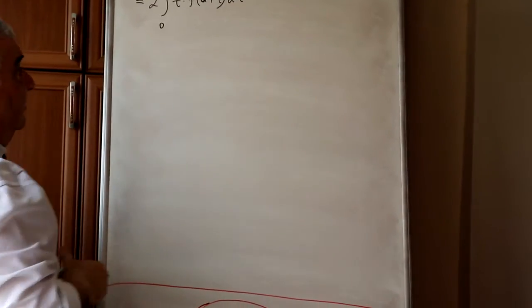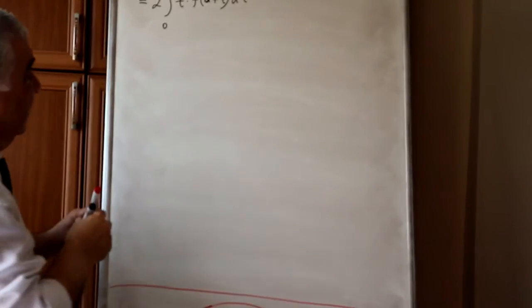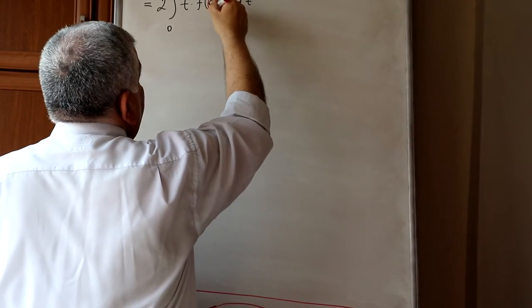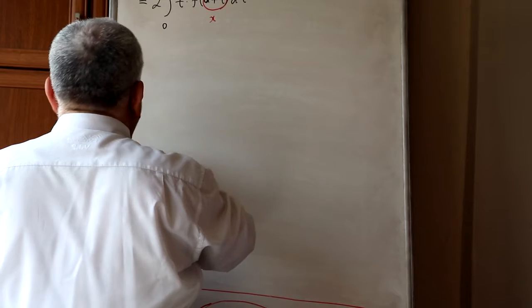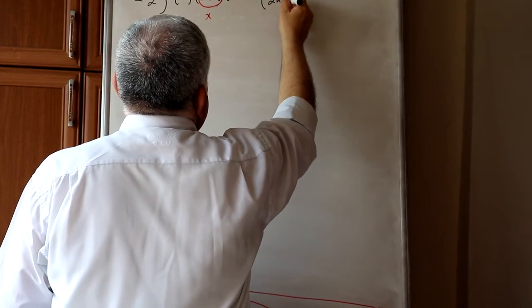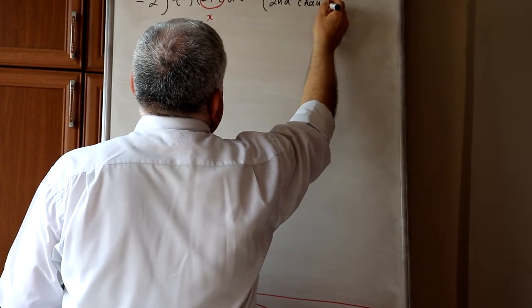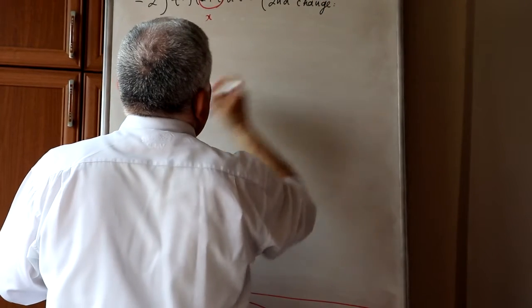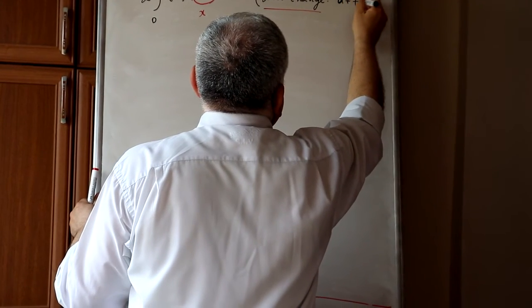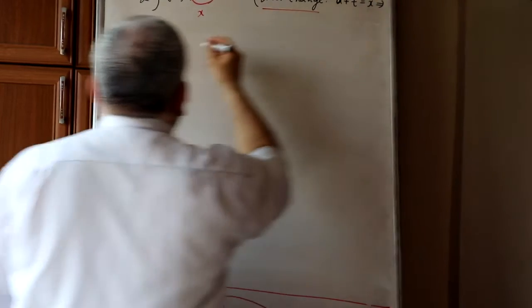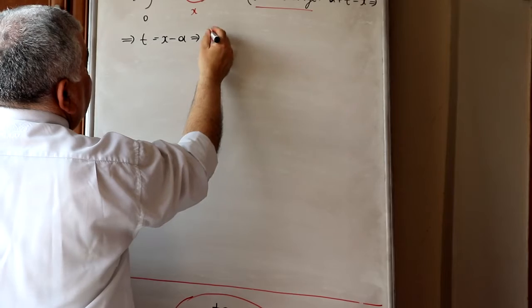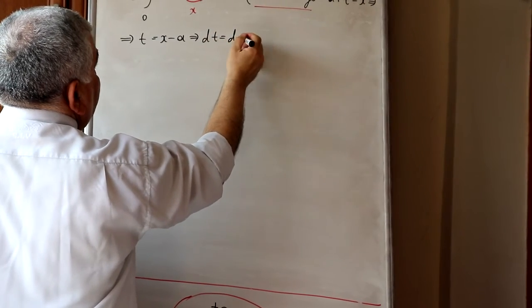Then make the second change. Change a plus t by x. Second change. Let a plus t is x. Then t is x minus a, and dt is dx, simply dx.